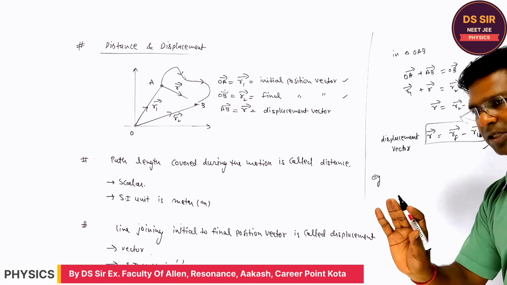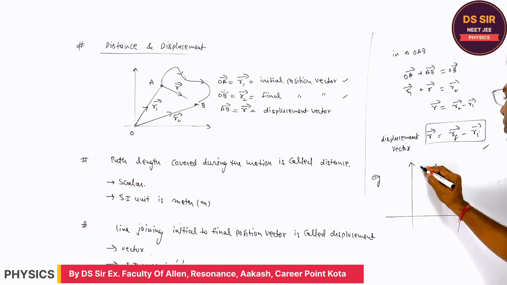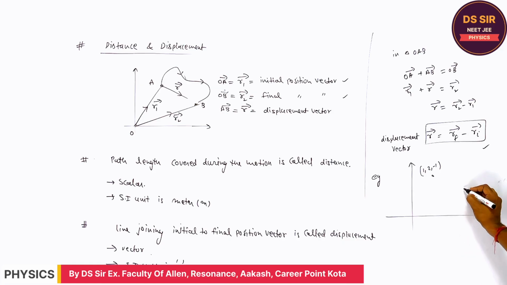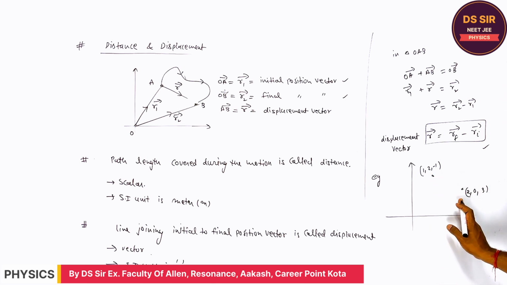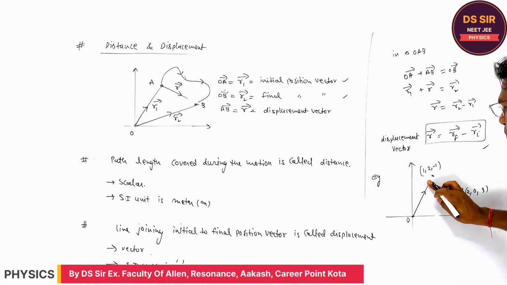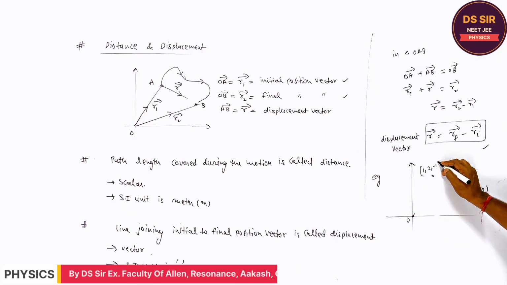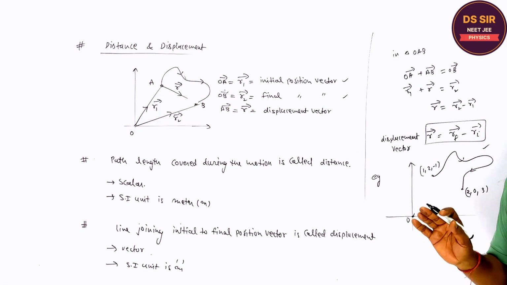For example, listen to one thing. The question will be given like this: the initial position is 1, 2, minus 1 and the final position is 2, 0, 3. This is the initial position, this is the final position, and this is the origin; if you join these, you get the position vectors. If the particle is moving somewhere and finally reaches this point, we are not going to find the distance.